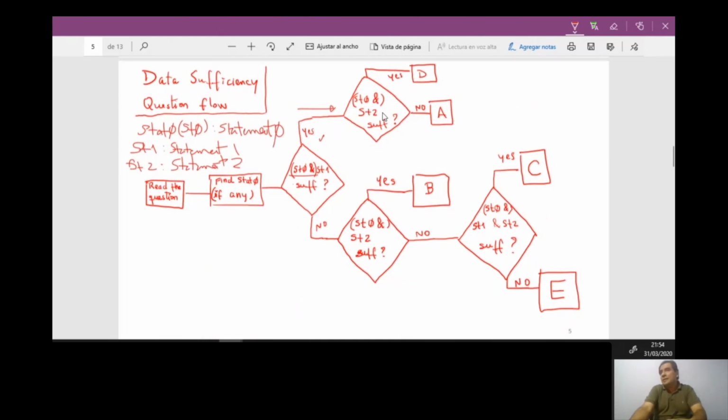But what would happen if when you analyze statement 2, you consider statement 2 not sufficient? Well, if that's the case, this happening after you consider statement 1 alone sufficient, then you are compelled to mark option A. Remember, option A says exactly what is happening here, that statement 1 alone is sufficient, but statement 2 alone is not sufficient.